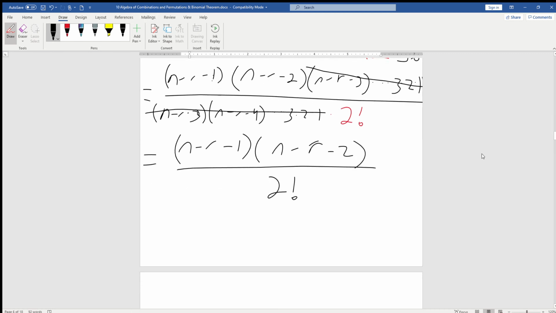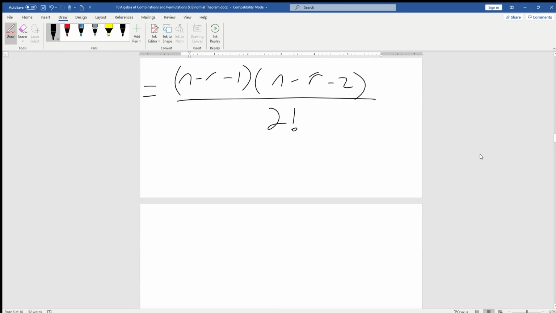And unfortunately at this point, to be able to verify this, we're going to have to FOIL this out. So by foiling, we're going to take n and multiply it by all 3 terms, take negative r and multiply it by all 3 terms, and then take negative 1 and multiply by all 3 terms. So we're going to end up with 9 terms in the numerator before simplification.